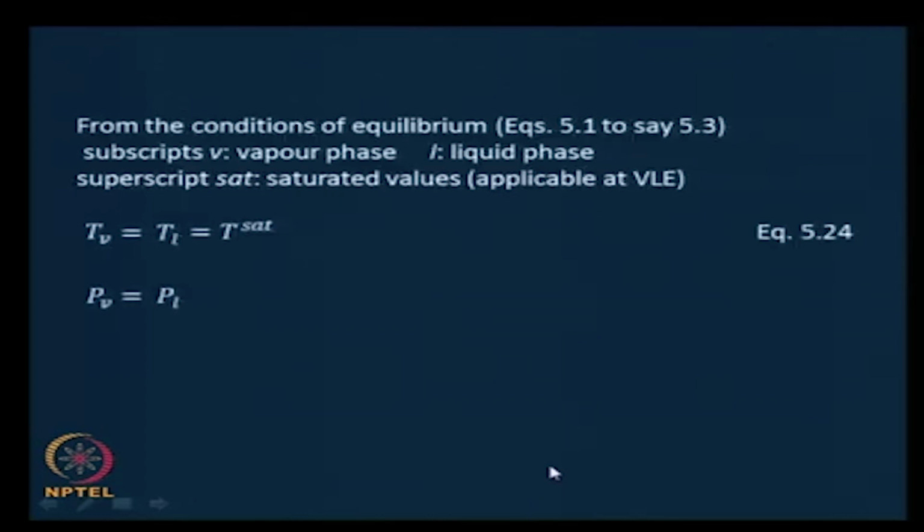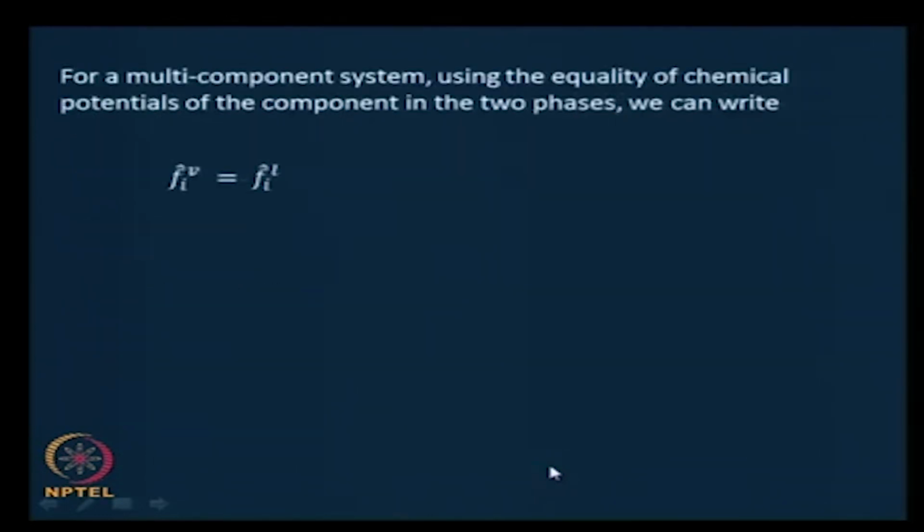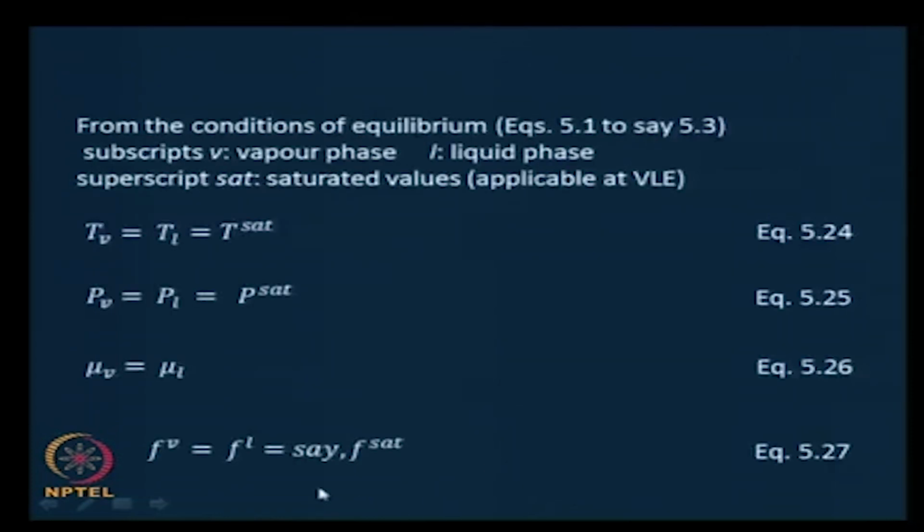Then we saw conditions for vapor liquid equilibrium from the basic conditions for equilibrium. For a single component system, the fugacity of the component in the vapor phase must equal the fugacity of the liquid phase, and say that is equal to f sat.